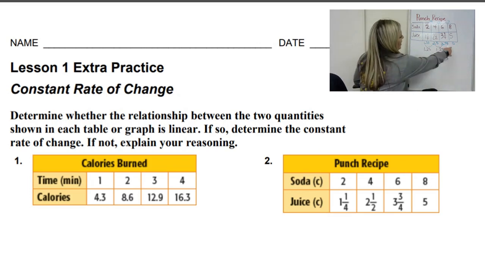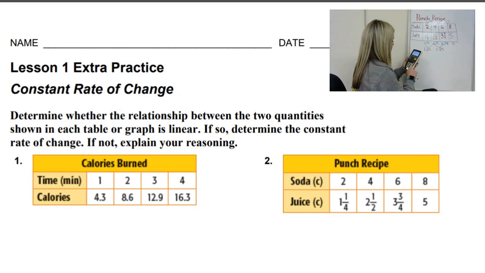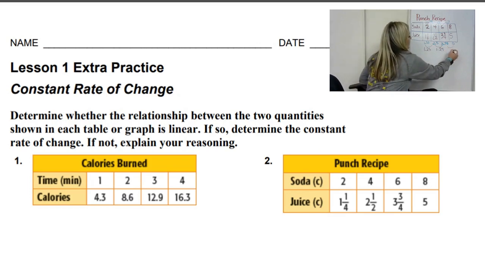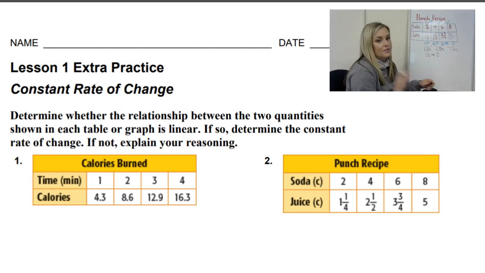All right, now we're going to do 5 minus 3.75, and we get 1.25. And we know that that's the same as 1 1/4, or you could say 5/4. Same thing. It's whatever is easy for you to understand.